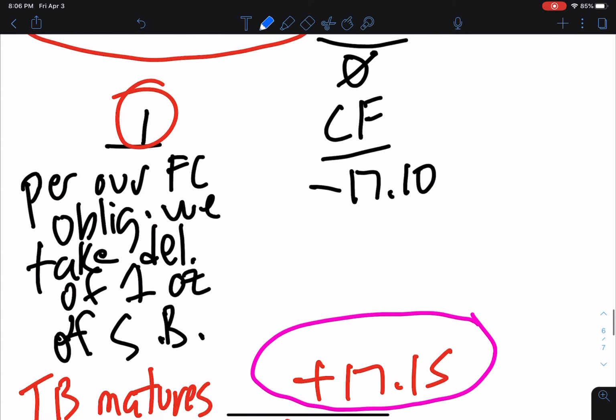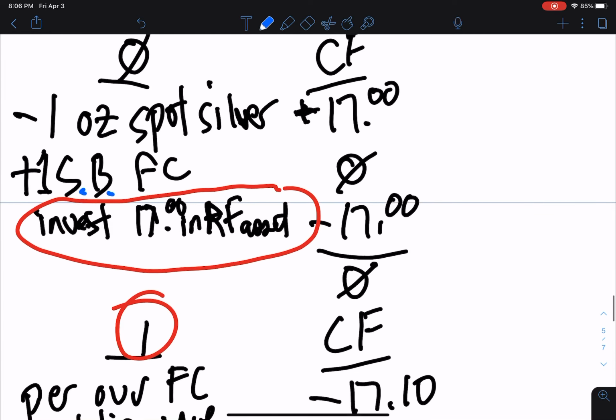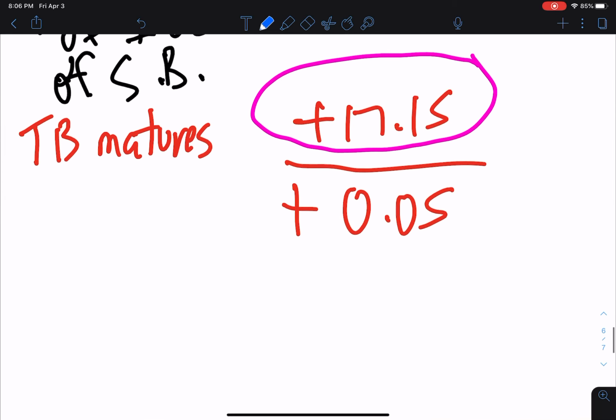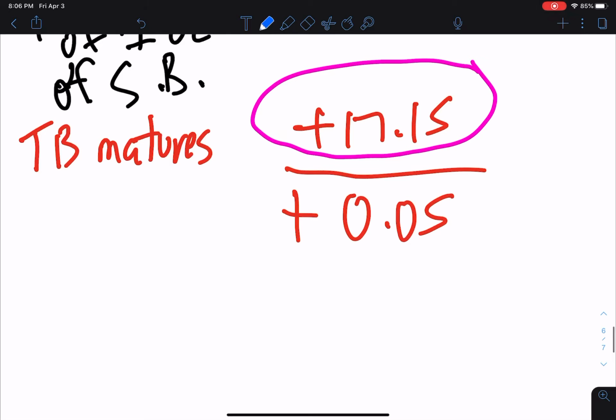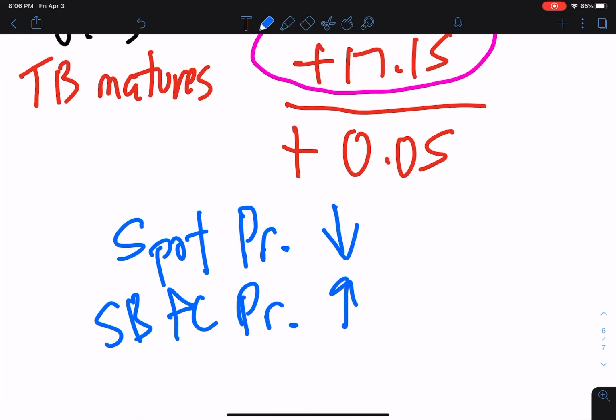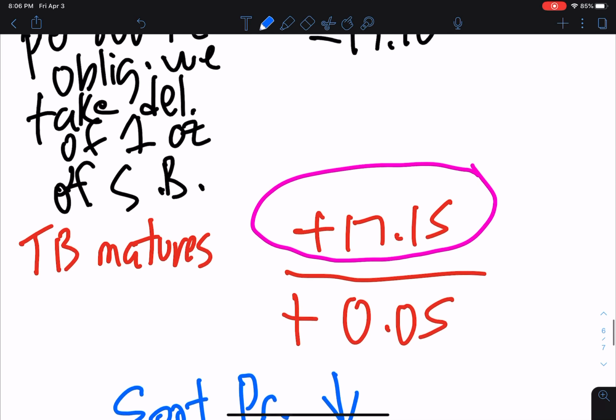And so we're driving down the spot price. So the spot price is being driven down while the silver bullion futures contract price is being bid up.